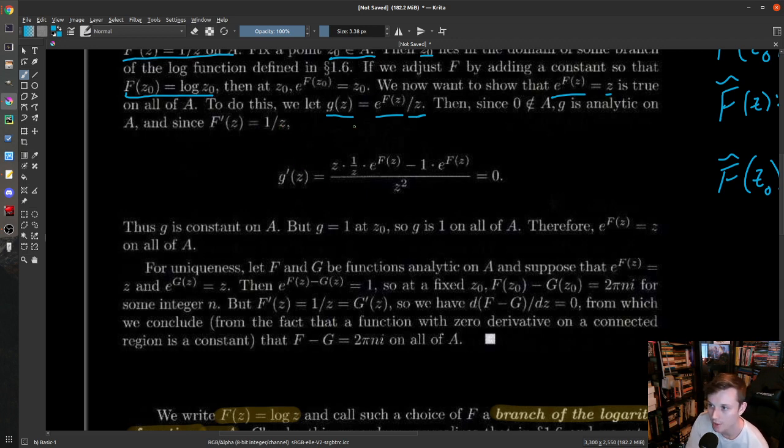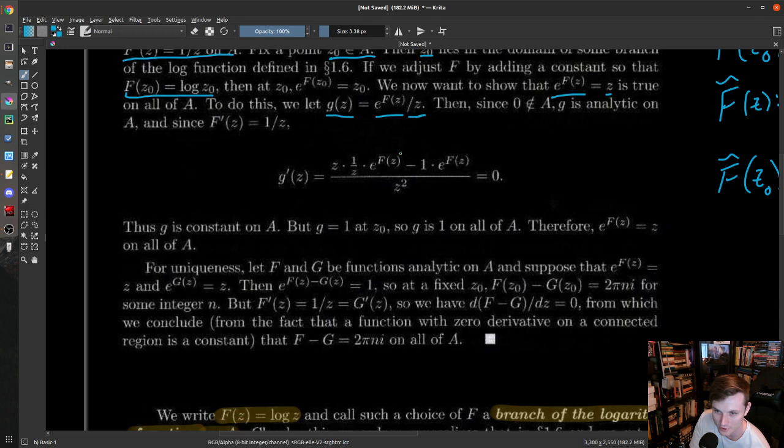Then g prime will be z times f prime of z, and you just pull the whole thing together. Z times the derivative of the top: the derivative of e to the f of z is the derivative of the inside, f prime of z, times the derivative of the outside, which is e to the z, so e to the z with f of z plugged in.